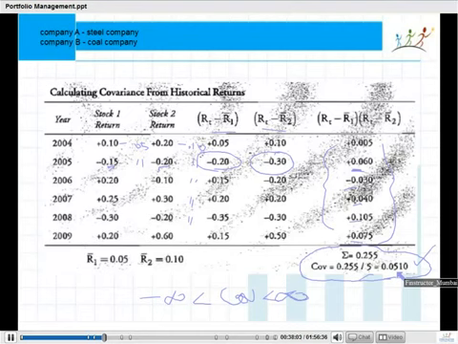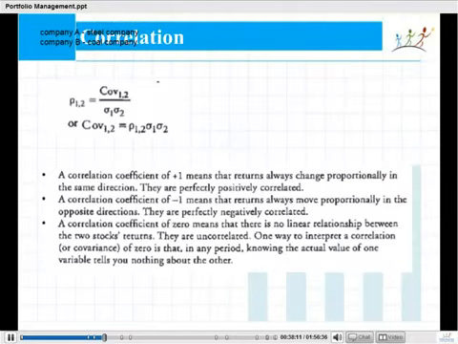I cannot say with the help of covariance. So I scale down the covariance to compute something called correlation. Correlation is covariance divided by the product of the standard deviations. Correlation is always a number between -1 and +1.